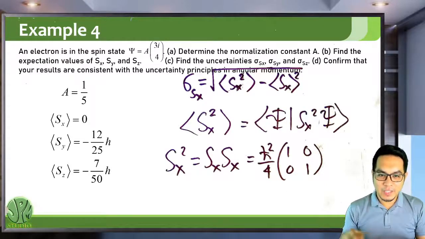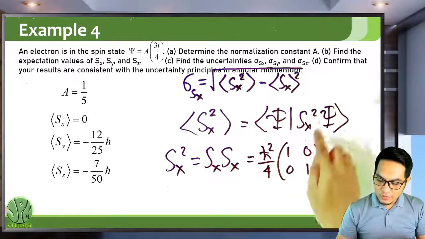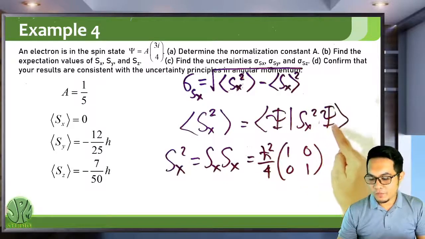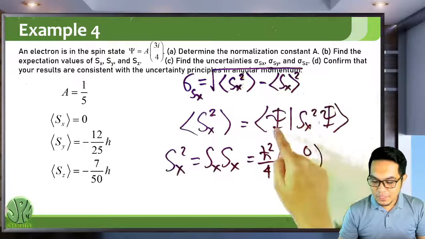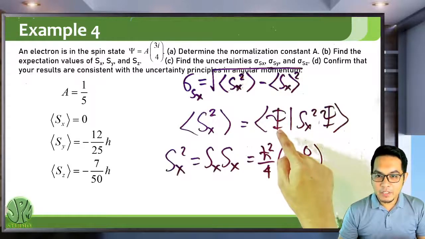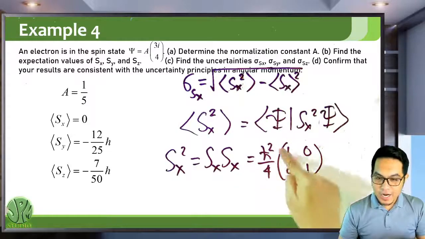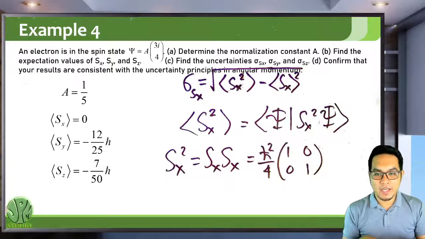So basically, for the expectation value of Sx squared, this is just the identity operator. The identity operator acting on any function will just be that function. So you will have the inner product of psi and psi, which is just 1, because we normalized it. So h bar squared over 4 is the expectation value of Sx squared.